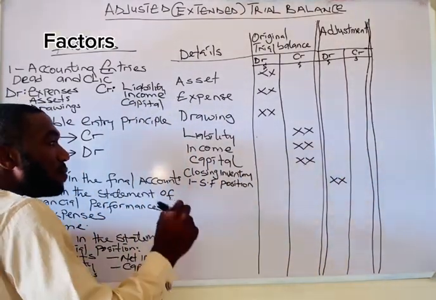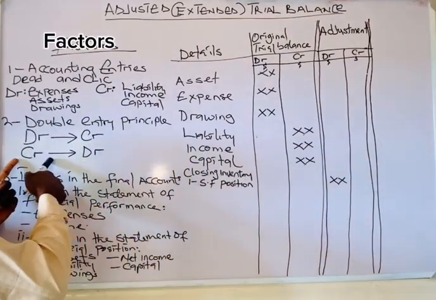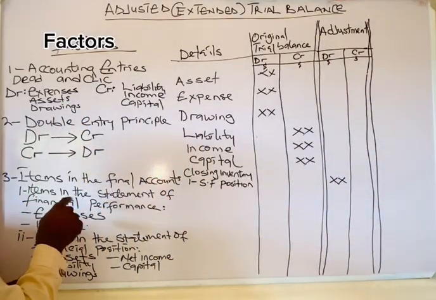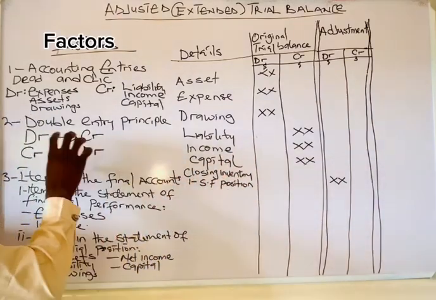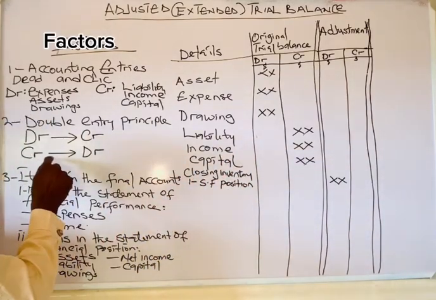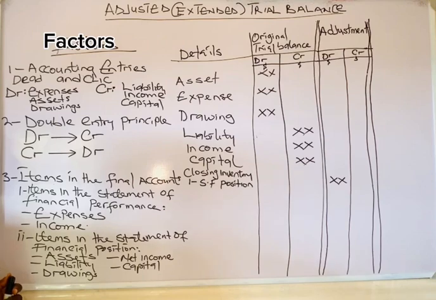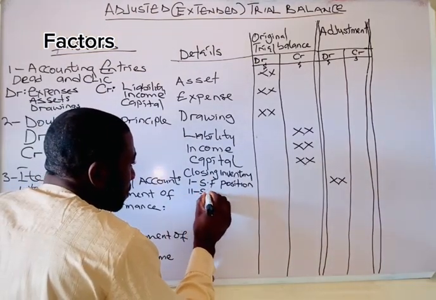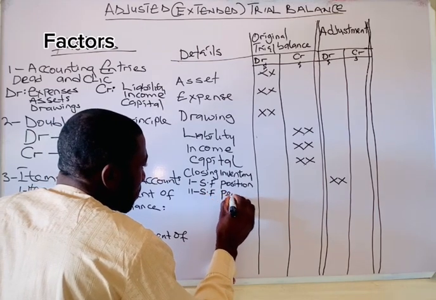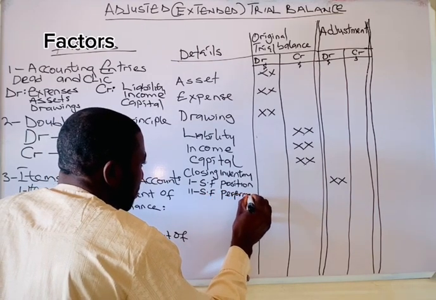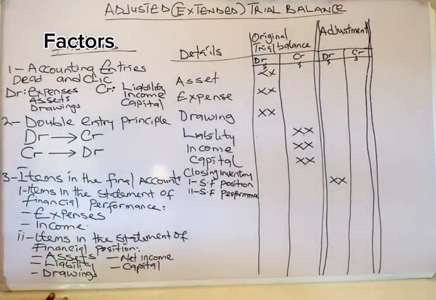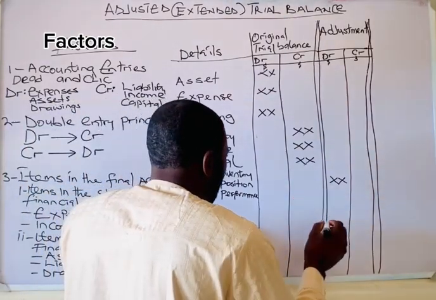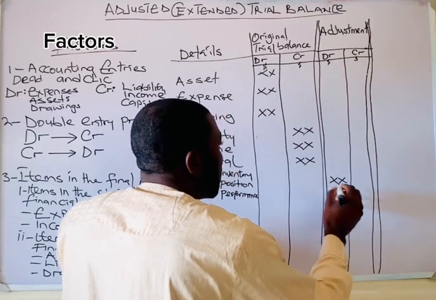And we must also have a corresponding account. This is where the double entry principle works whenever you're doing the adjustment. At the adjustment column, you'll be mindful of the double entry principle. And the second treatment is going to the statement of financial performance, and we credit it, we less it.